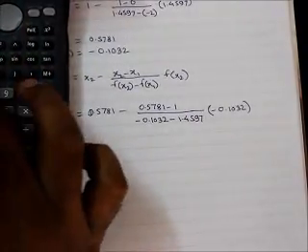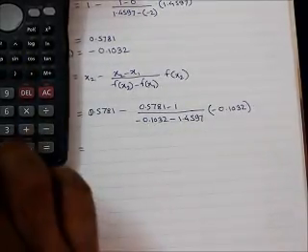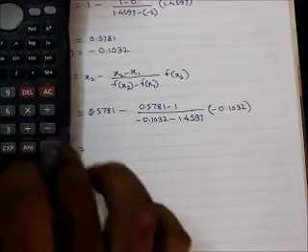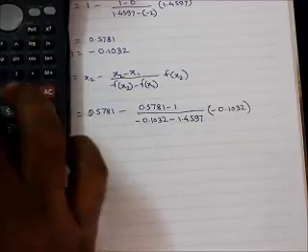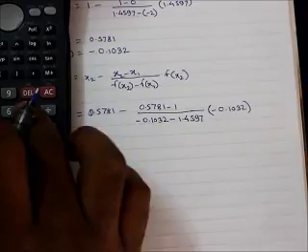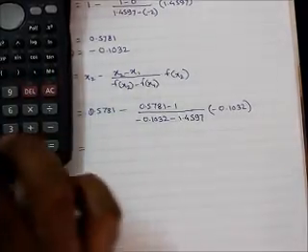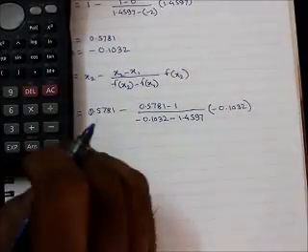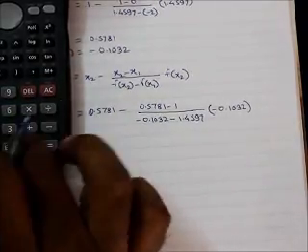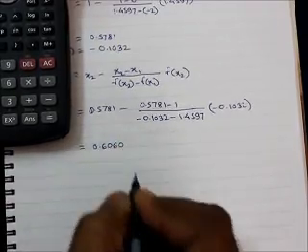Okay, 0.5781 minus 1 divided by 0.1032 minus 1.4597 multiplied by minus 0.1032, and 0.5781 minus the answer gives 0.6060.